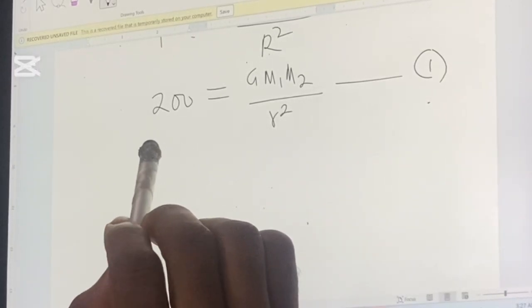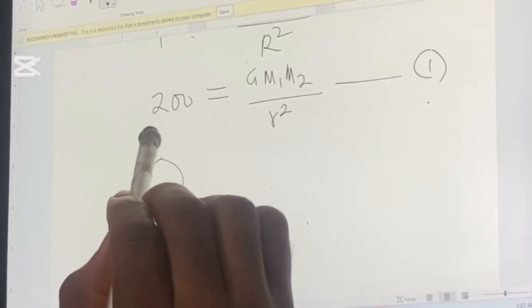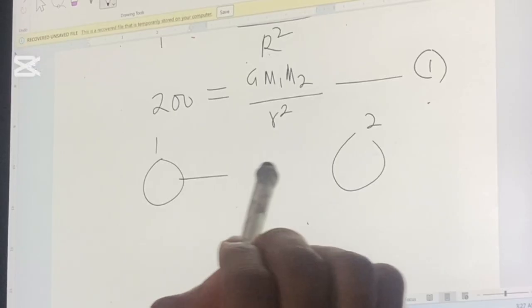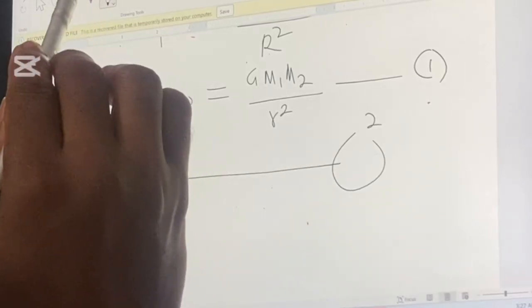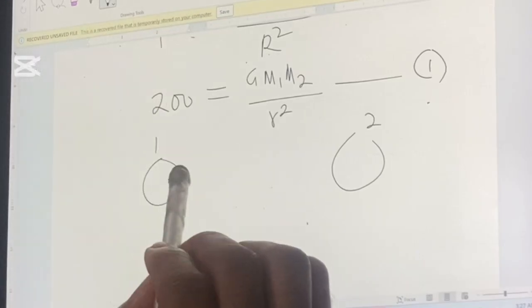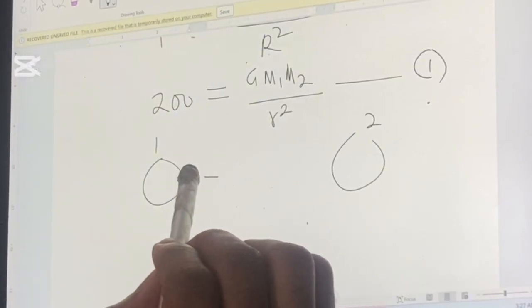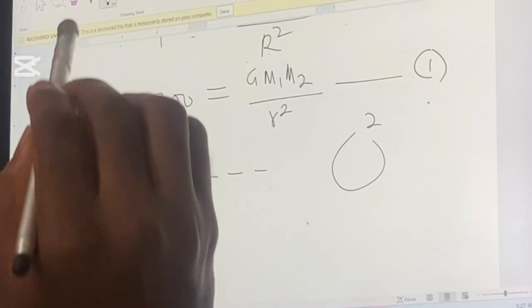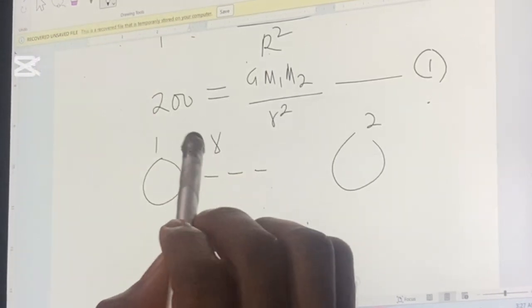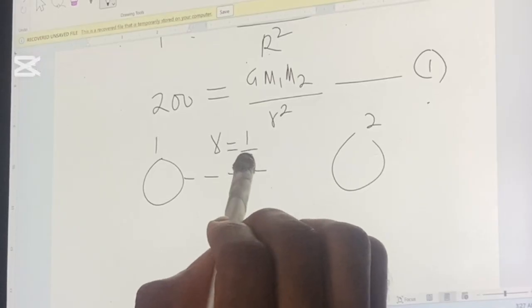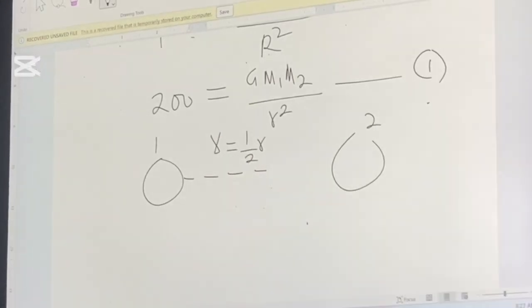So I have something like this. Two objects again, object 1, object 2. The distance here is half. So r will be equal to 1 over 2, that is half of r. Please take note.